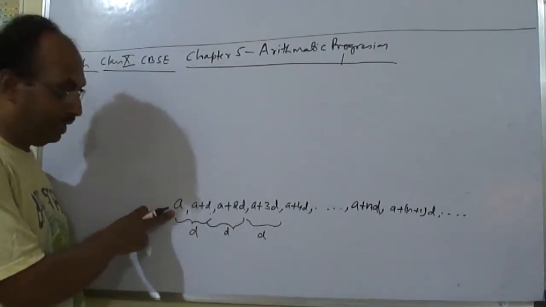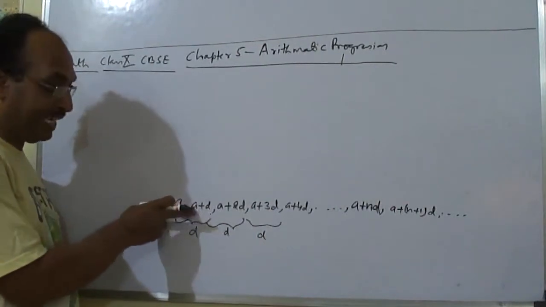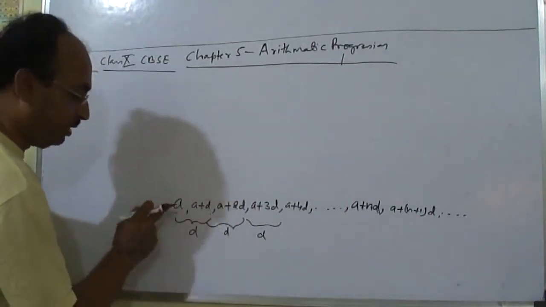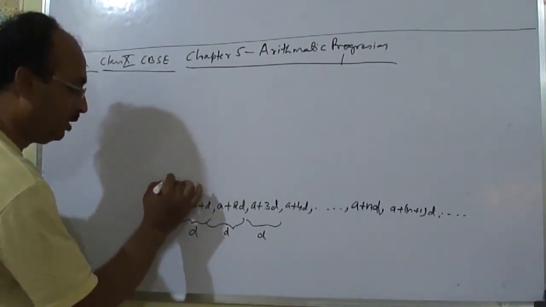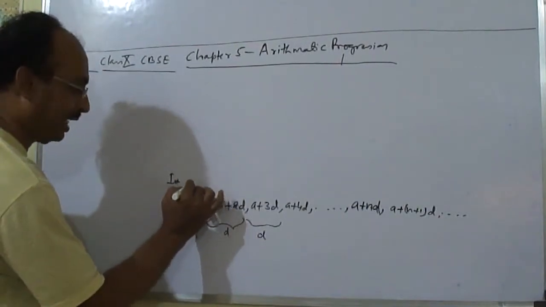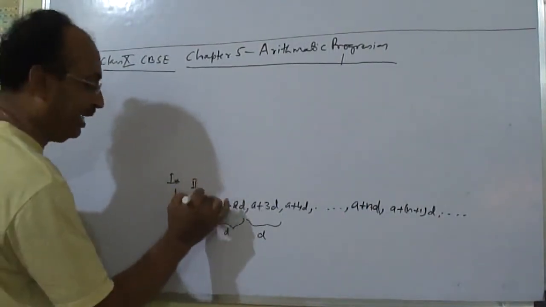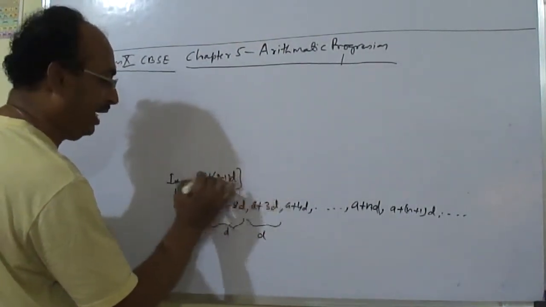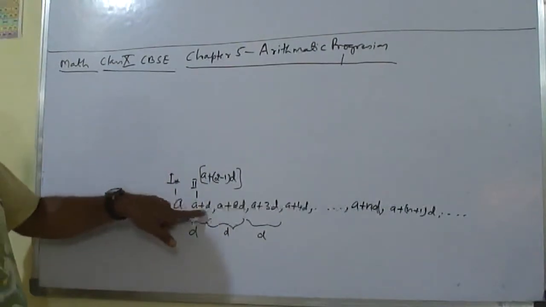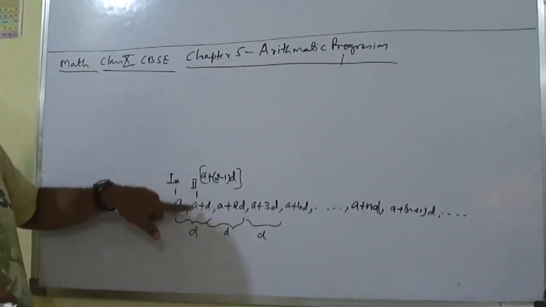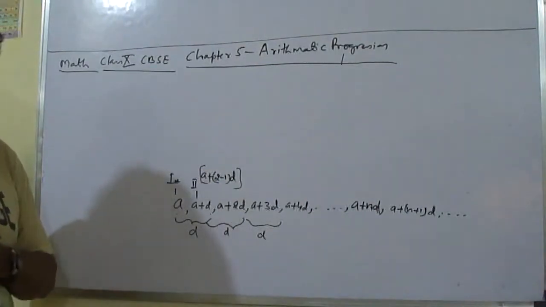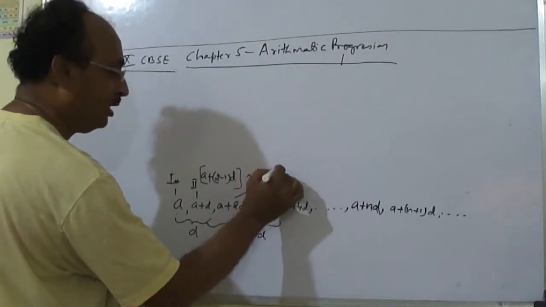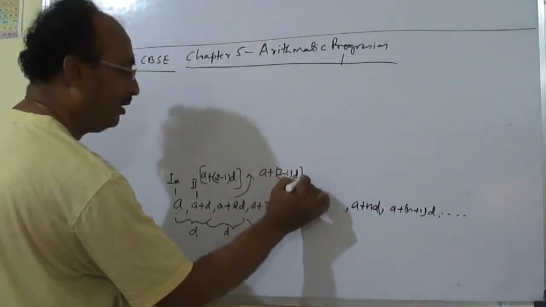This is the second term, so we can write the second term as A plus (2 minus 1)D. Why? Because here only 1D is there. Third term, we write A plus (3 minus 1)D.